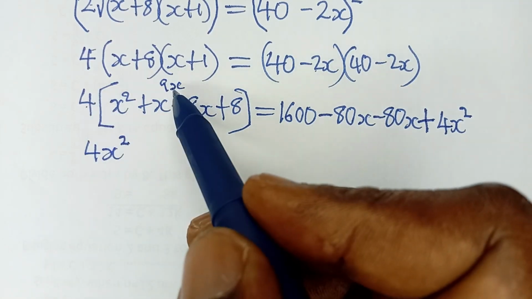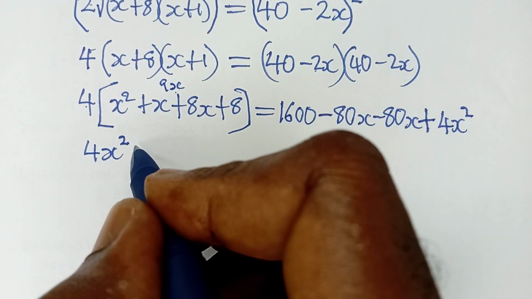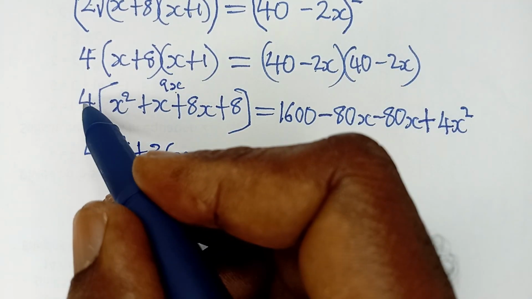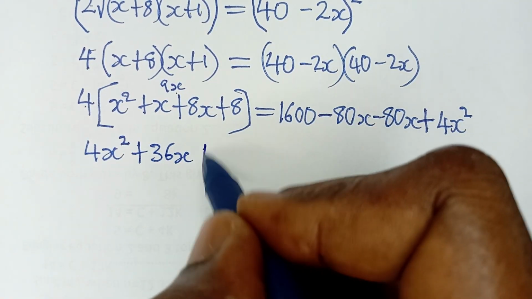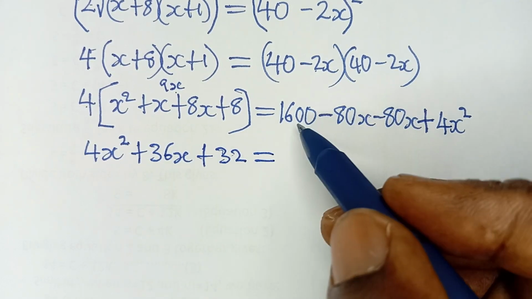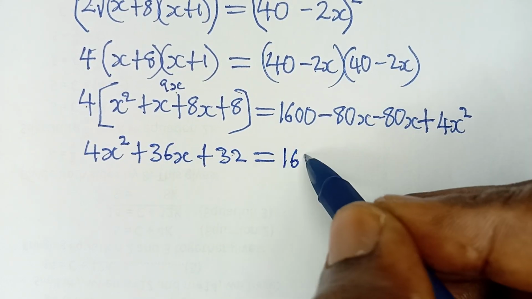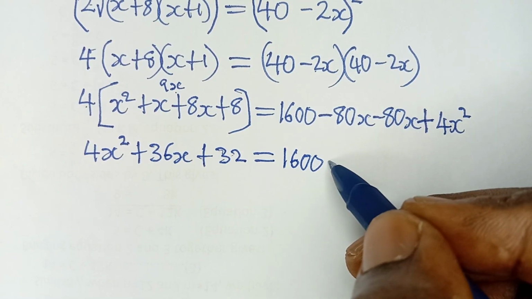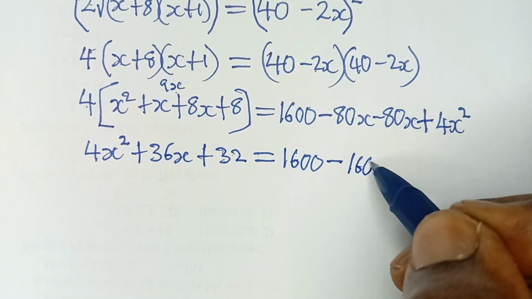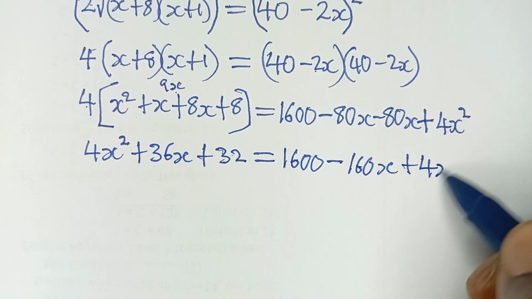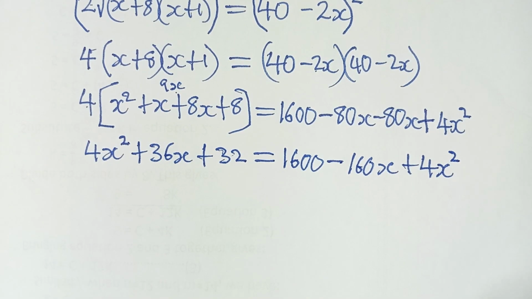So I'm going to say 4 multiplied by the 9x gives me 36x. And then 4 multiplied by 8 gives me 32. And that will be equal to 1,600. Negative 80x minus 80x will give me negative 160x. And then plus 4x squared.